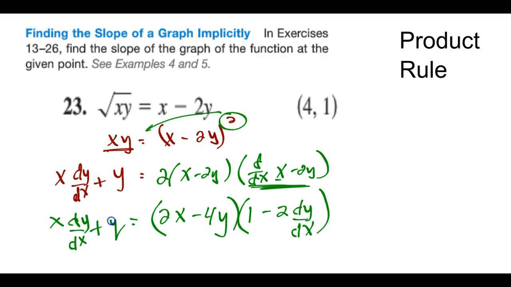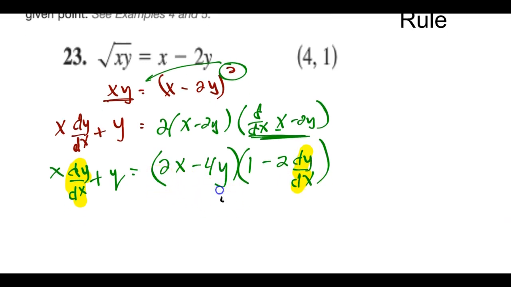The goal, whenever you see a dy/dx, is to get all the dy/dx's on the same side, and I can't do that by dividing, so I think my strategy at this point might be to FOIL this out over here, multiply everything out, and then I would have some terms that I can combine. So let's see, first terms, outer terms, 4x dy/dx, those are my outer.